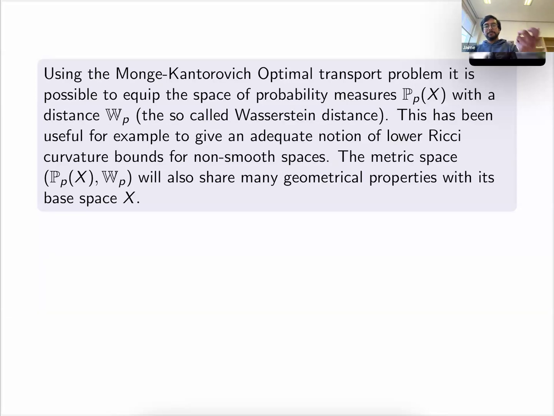For example, it has been very useful to give an adequate notion of lower Ricci curvature bounds for non-smooth spaces. But this space, the Wasserstein space, will also share many geometrical properties with the base space X.